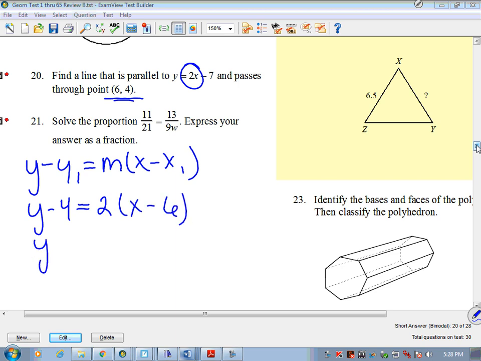Okay, simplify, y minus 4 equals 2x minus 12, because we're distributing the 2. Add 4 to both sides. Be careful here, negative 12 plus 4 should be negative 8. Y equals 2x minus 8. That is the correct answer. That's out of lesson 37.